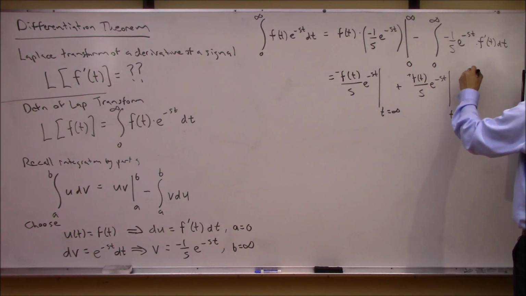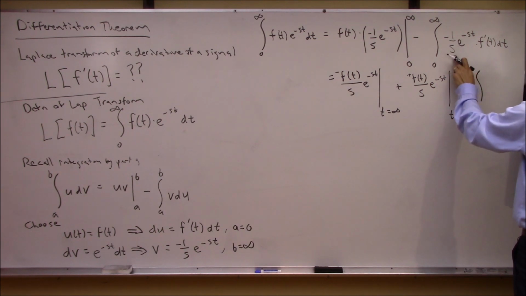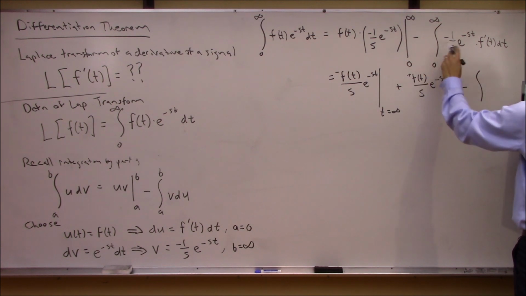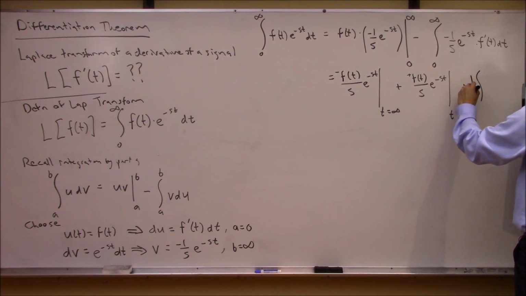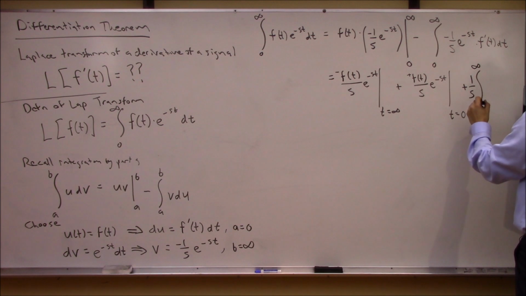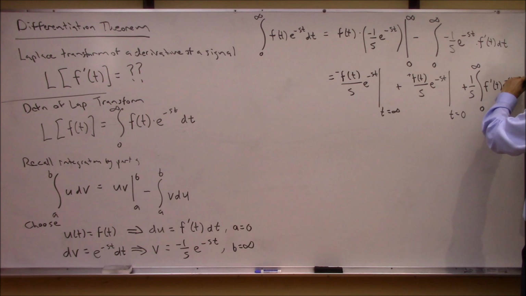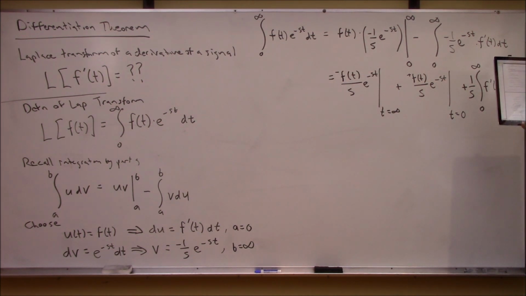Now look at this, the 1 over s is not a function of t, so it can come out of the integral. That makes it a plus 1 over s on the outside, times the integral from 0 to infinity of f prime of t e to the minus st dt. There we go, I think that's pretty reasonable. Did I get all that right? Minus f of t over s e to the minus st at t equals infinity, plus f of t at t equals 0. Yep, great, that's what we're looking for.